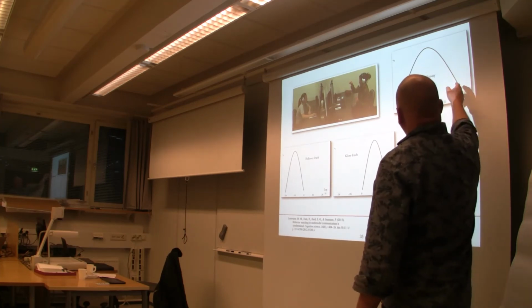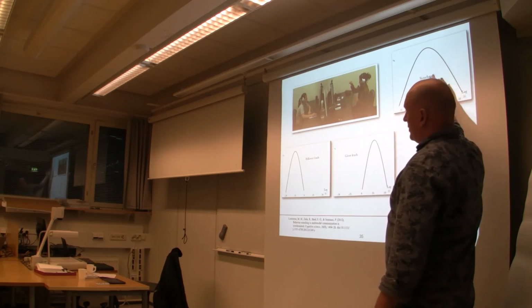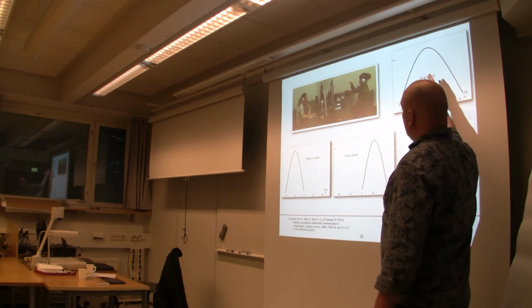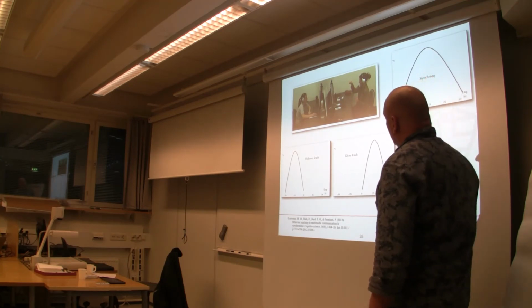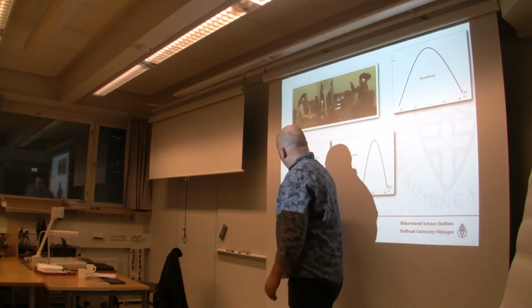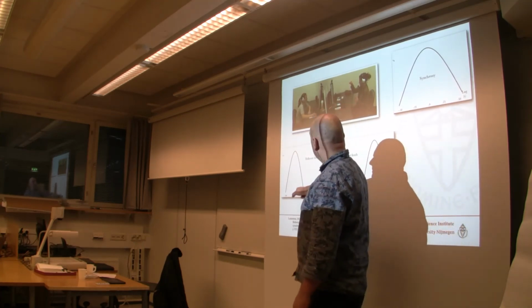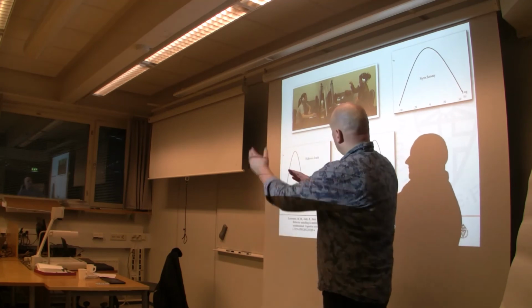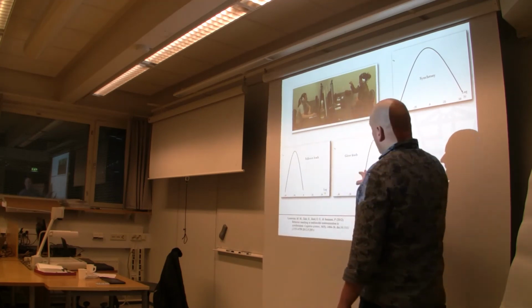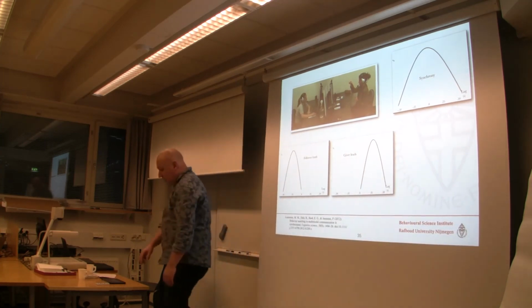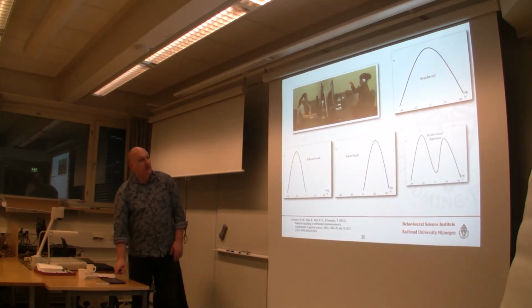If you would find something like this, it would mean absolute synchrony: they're doing the same thing at the same point in time. If you find the peak above the diagonal, it would mean that in this case the follower leads, this being on the y-axis, and the other way around, a peak below this diagonal would indicate the opposite.